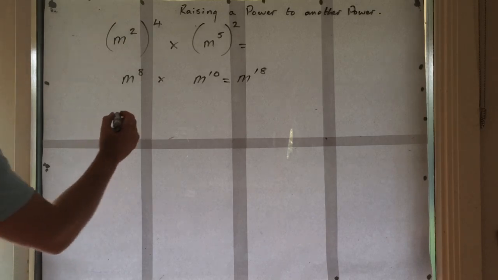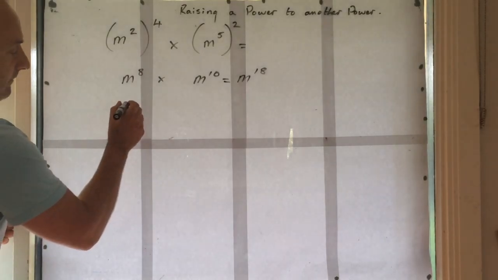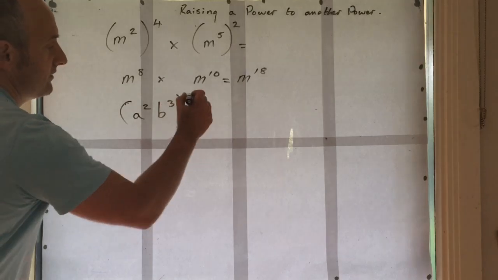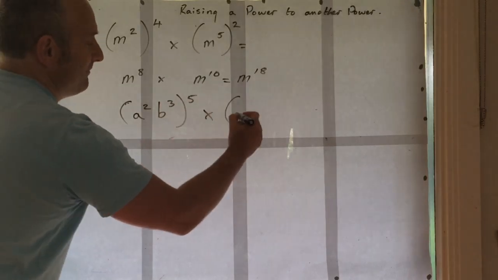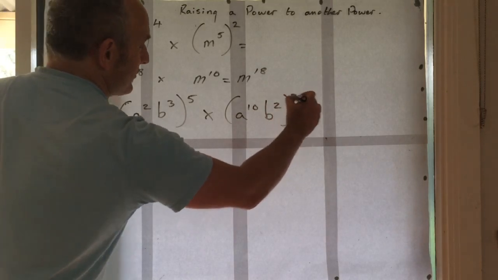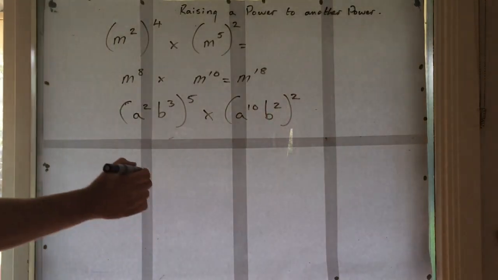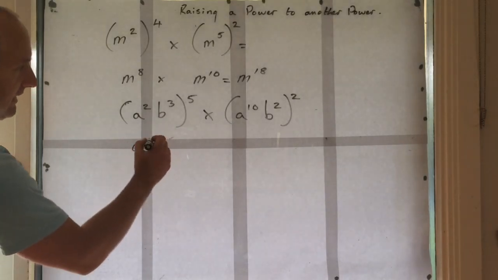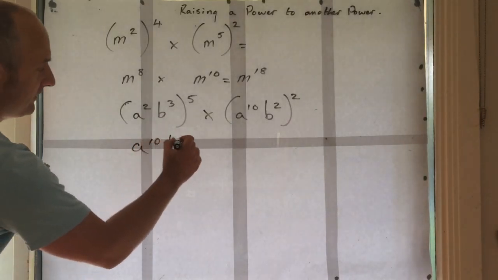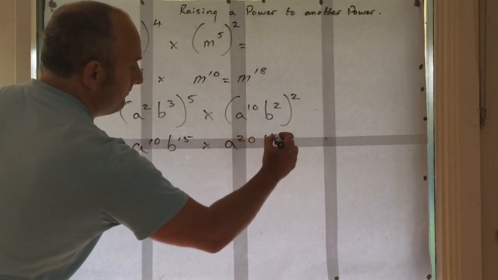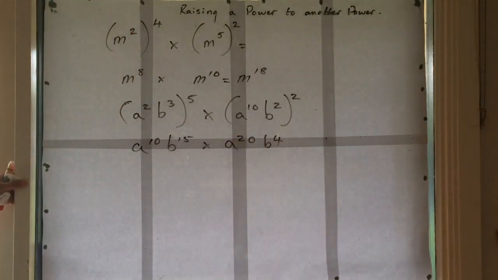I'll just do another one. A to the 2, b to the 3, to the 5, times a to the 10, b to the 2, to the 2. So this is going to give us a to the 10, b to the 15, times a to the 20, b to the 4.